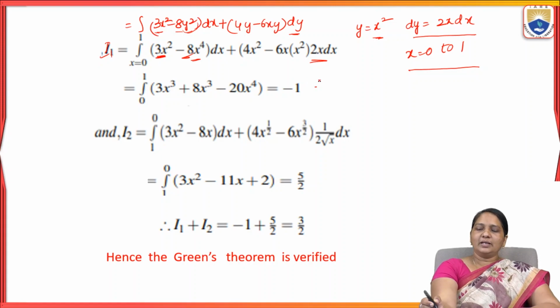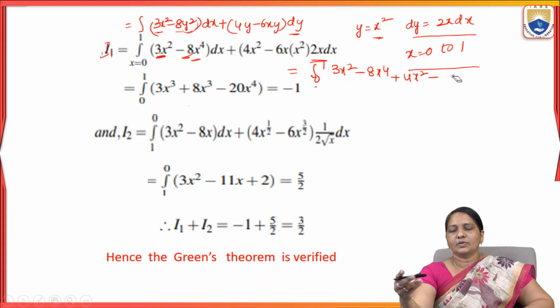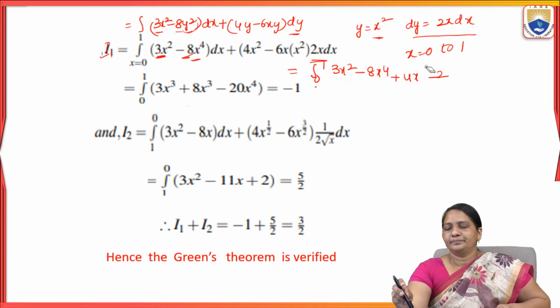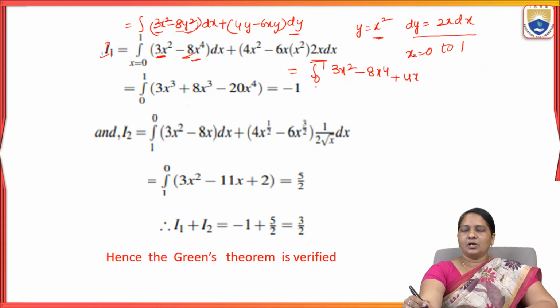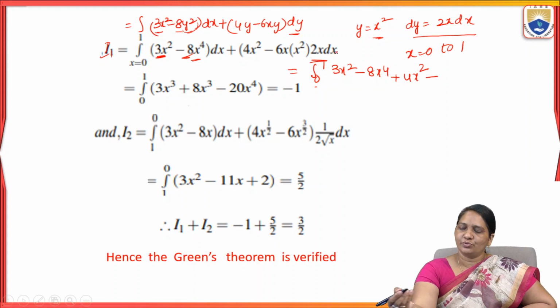So here we are simplifying this one, integral 0 to 1, 3x square minus 8x power 4 plus 4x square minus 6 into 2 is 12. 4x square minus, this is dy. dy value is 2x into dx, right?